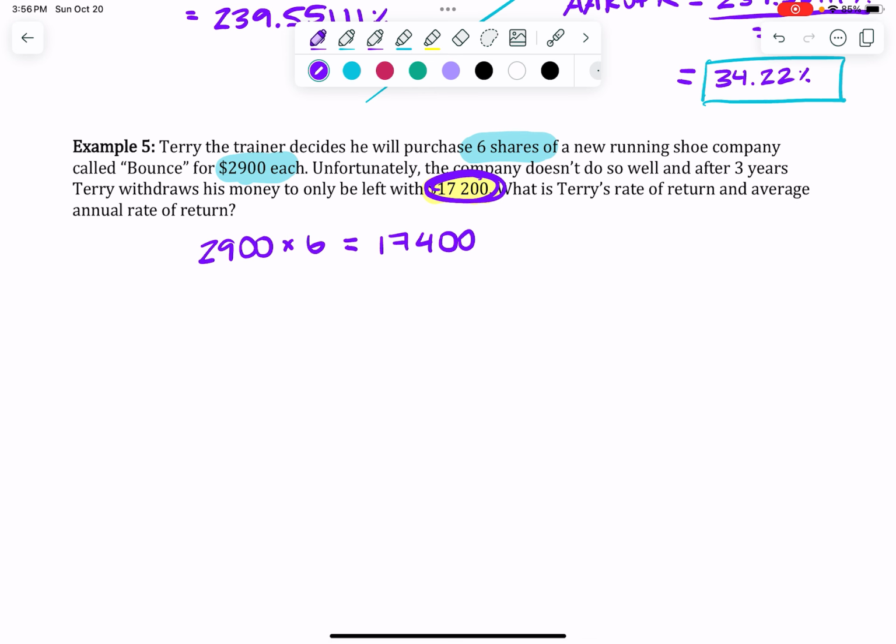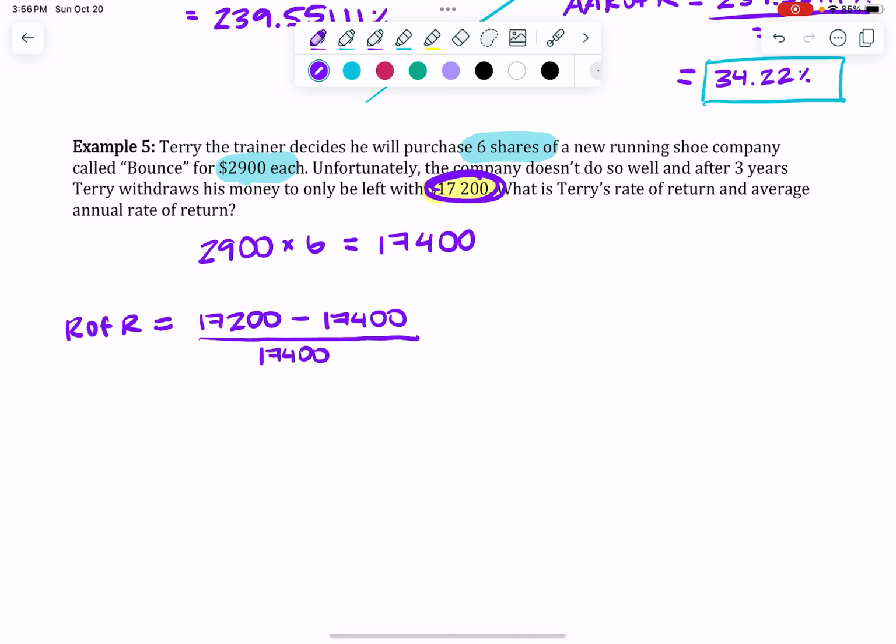So, rate of return is where we're going to start. We start off with my current value of my portfolio, my $17,200, subtracting my previous value, how much he originally invested, which is $17,400, over the previous value, which again is how much he originally invested, $17,400, and times it by 100%.